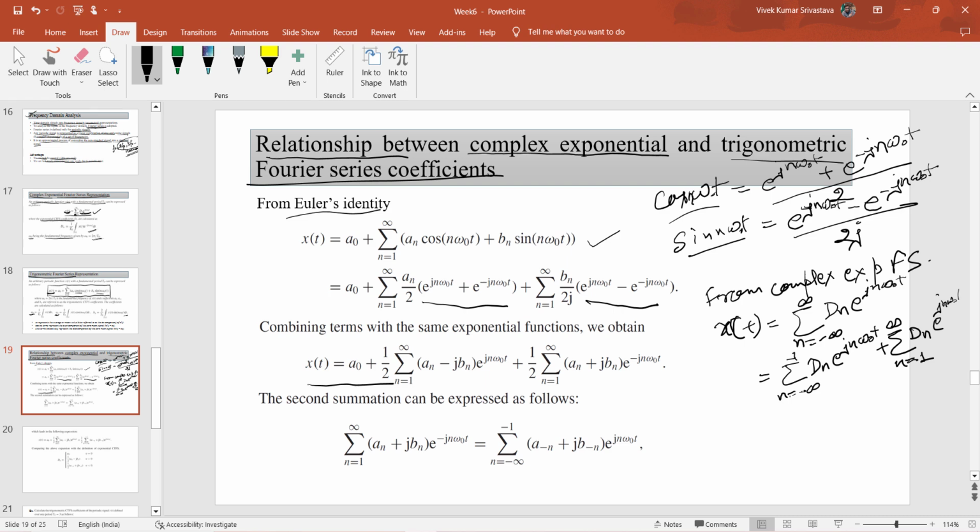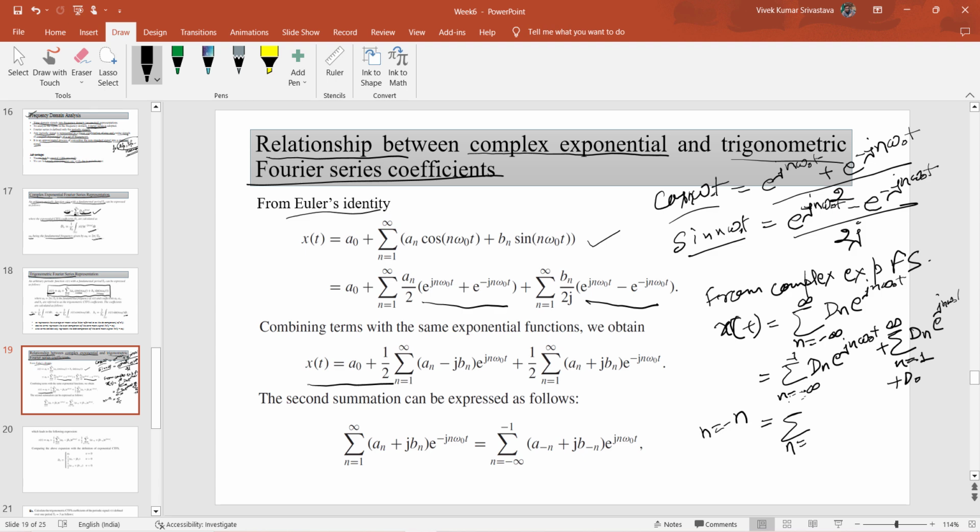t plus d naught. Okay, so now you can change the variable n, or you can directly replace n as minus n.